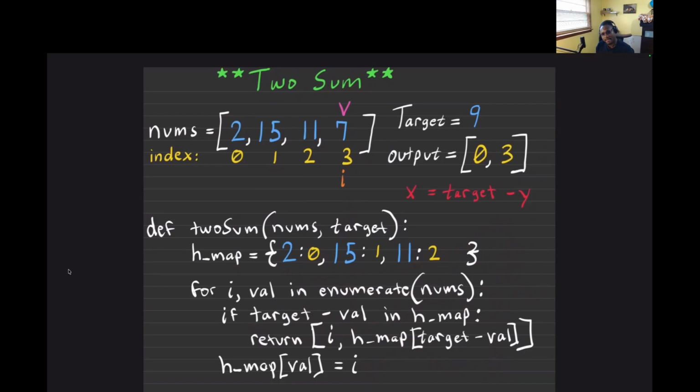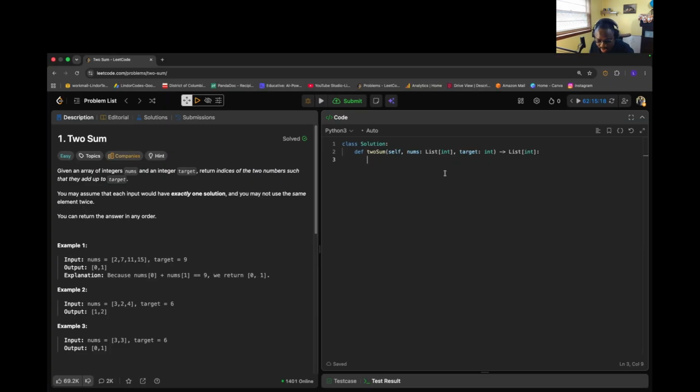So that's the solution. Let's go over to LeetCode. And all right, so we have our hash map, which is equal to a newly defined hash map. So for I, value in enumerate nums, we have quick access to our index and our value, right?